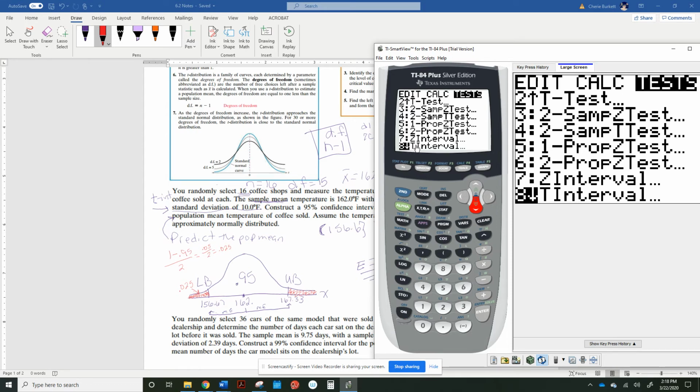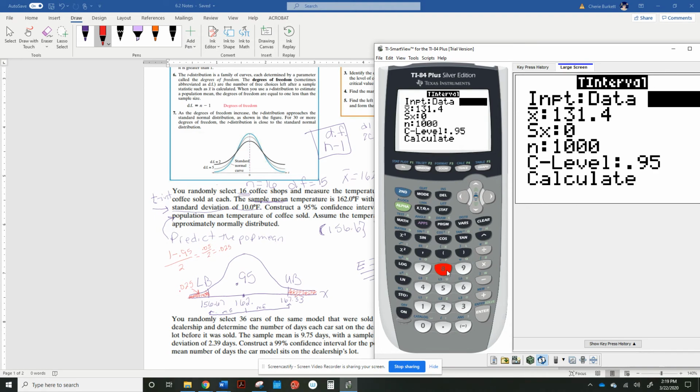Why is it a T interval? Because we were only provided the standard deviation of the sample. When we know only the sample standard deviation, we have to do a T interval. So I'm going to choose option number 8.